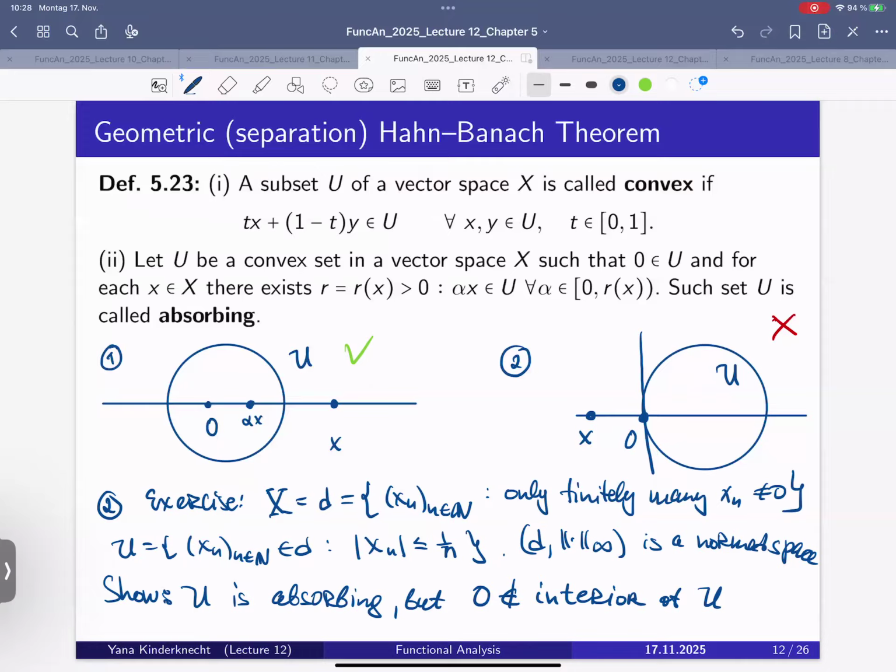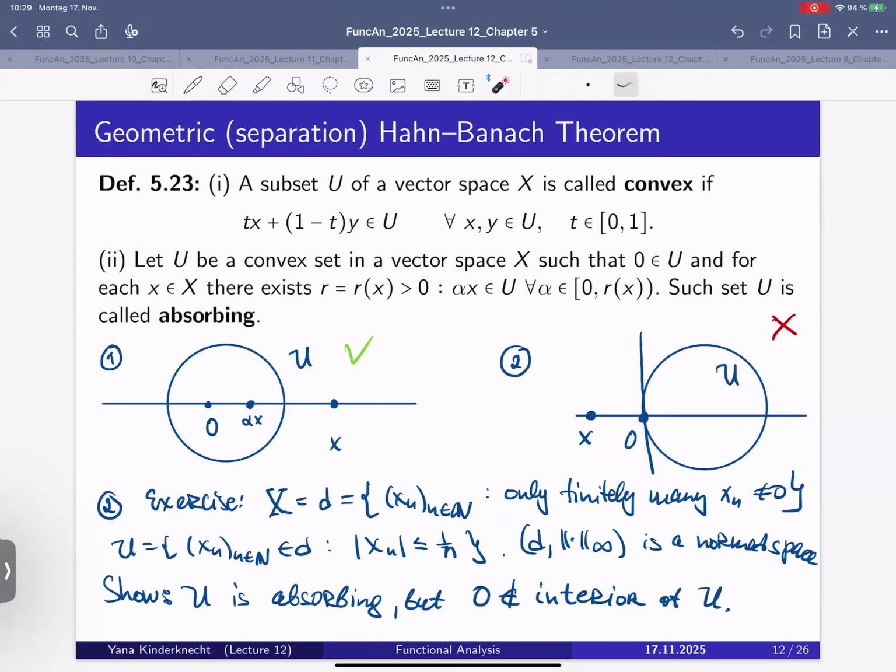So this absorbing property looks like a proper generalization of an open set, because each open set containing 0 will be absorbing. Yes. And here we want this property that we can tend to 0 along the direction from this set. I'm trying to get some feeling about this property.